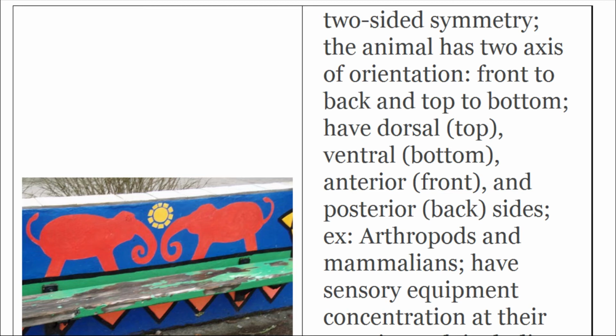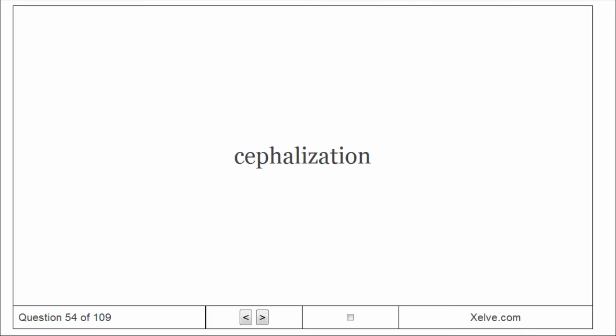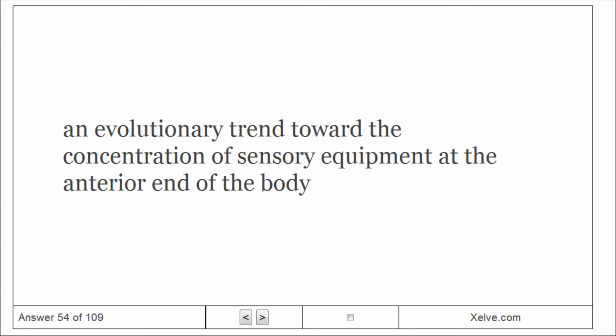They move actively from place to place and have a central nervous system. Cephalization: an evolutionary trend toward the concentration of sensory equipment at the anterior end of the body.